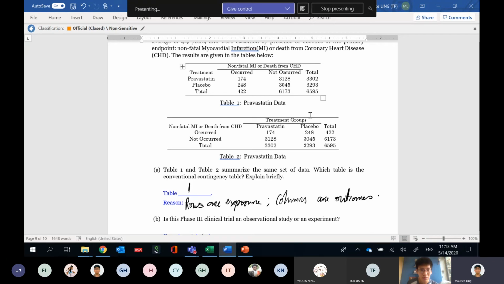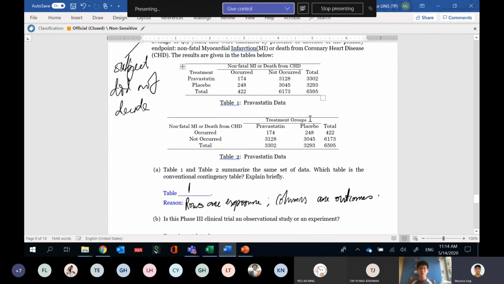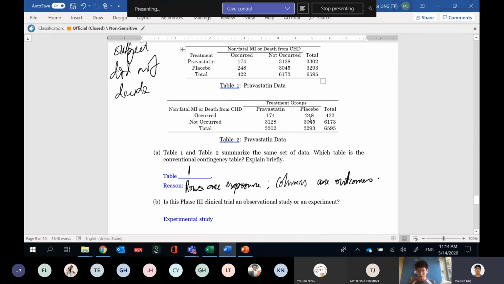Is it experimental? Yes. What makes it experimental? Because the subject didn't decide which treatment to get. It's randomized. Okay, subjects didn't decide the treatment, correct. So it's experimental.